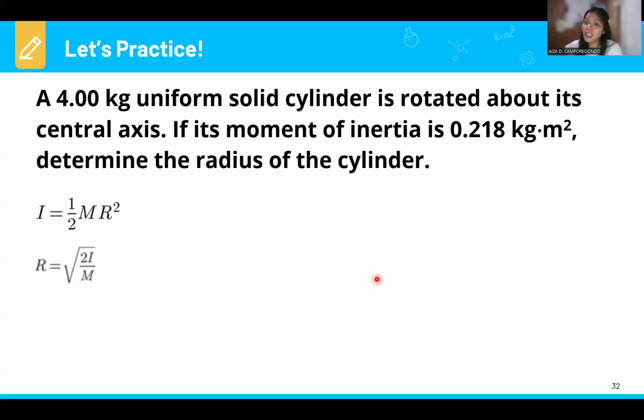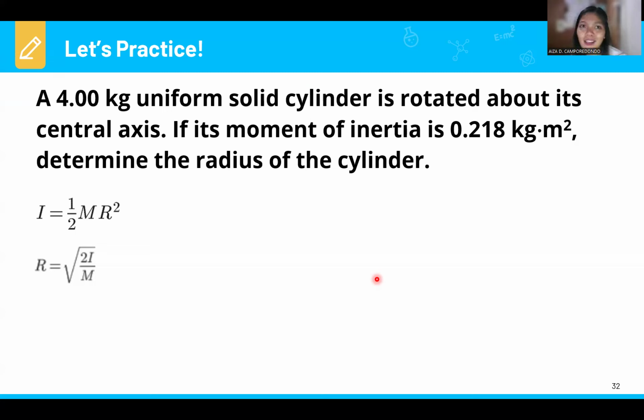Okay, so let's practice. Consider a 4.00 kilogram uniform solid cylinder rotated about its central axis. If its moment of inertia is 0.218 kilogram meter squared, determine the radius of the cylinder.